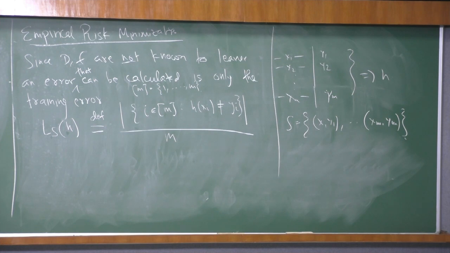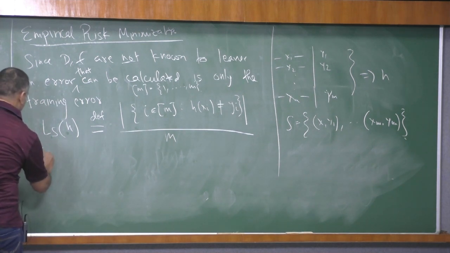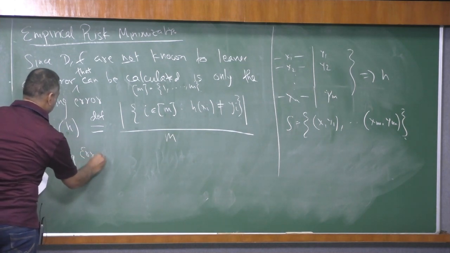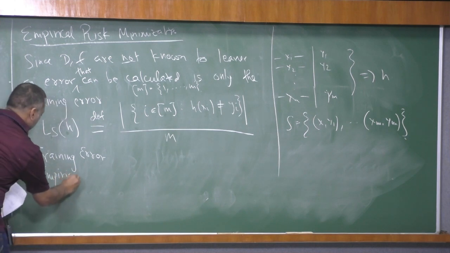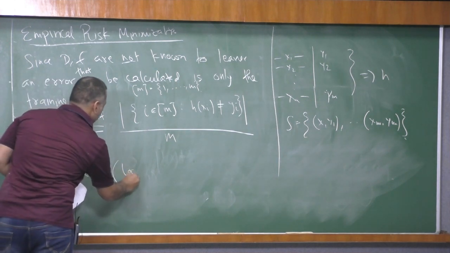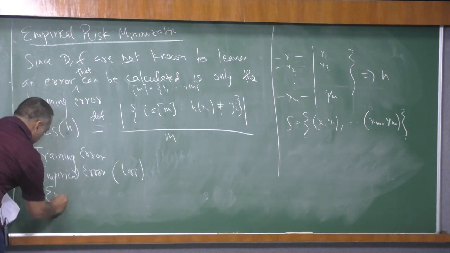So we saw generalization error, risk, true error, and for this loss we will have some specific terms. So this is called training error, or empirical error, or loss, or empirical risk.